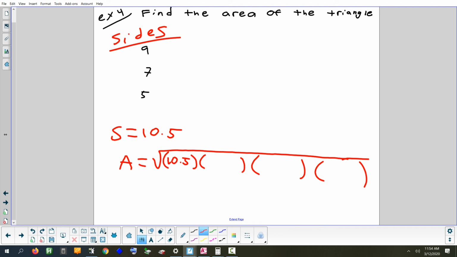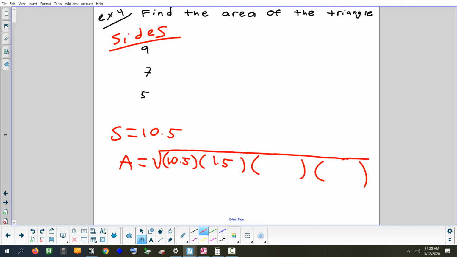Now we need S minus one side, S minus the other side, S minus the other side. Doesn't matter which ones are which. So let's just go right in order. What's S minus 9? 1.5.